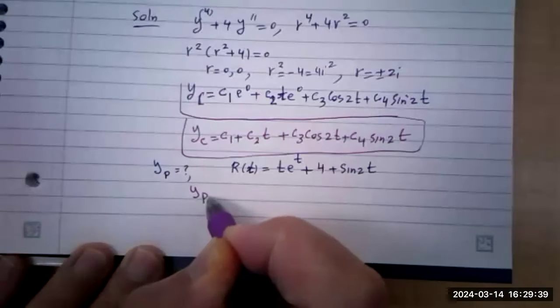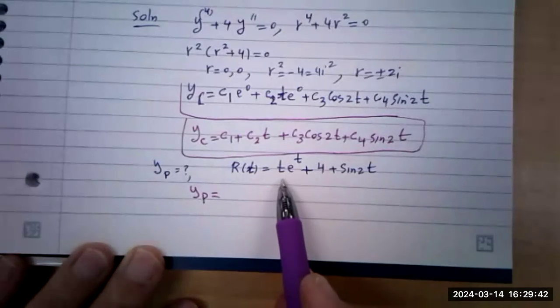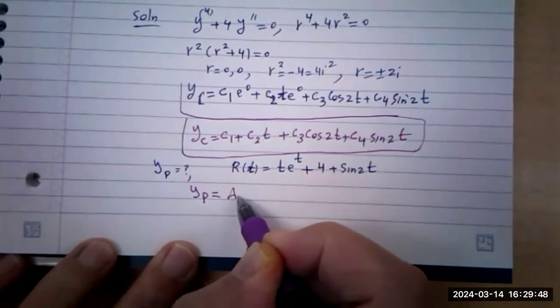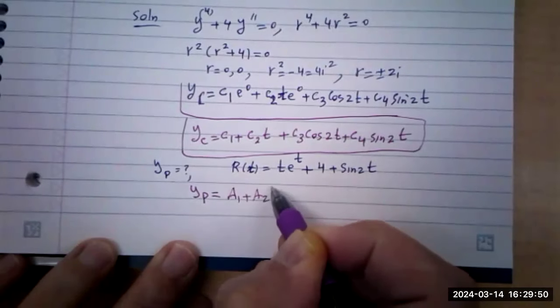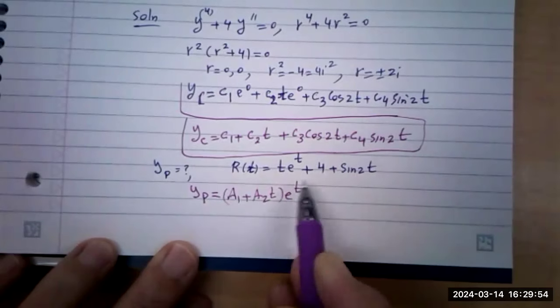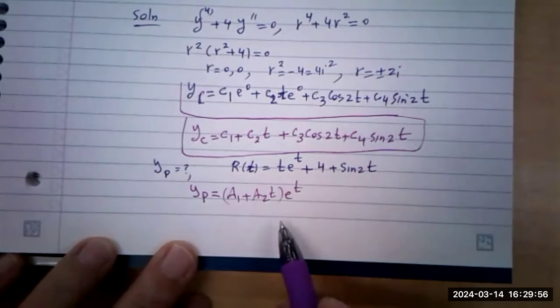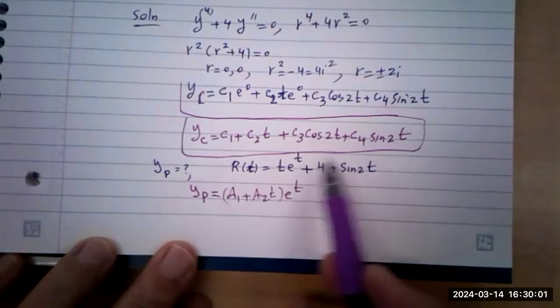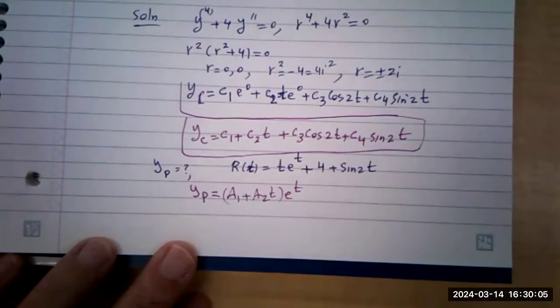So YP equal to, take the first one, t e to the t. A linear polynomial, so it's going to be A1 plus A2t times e to the t. That would correspond to the first one. You check to see if there is any duplication over here. You don't have any exponential term in YC, so we're done.